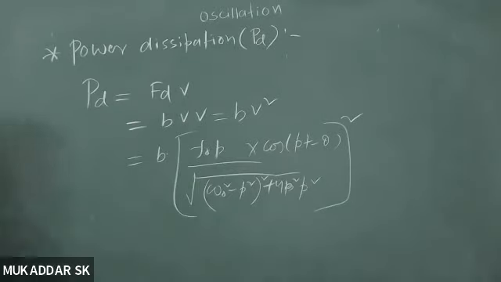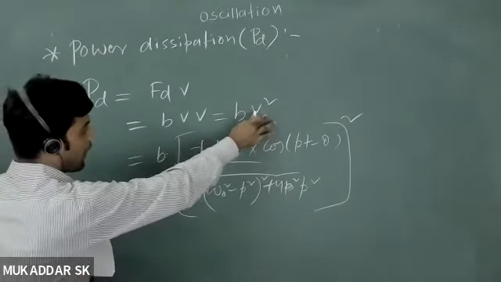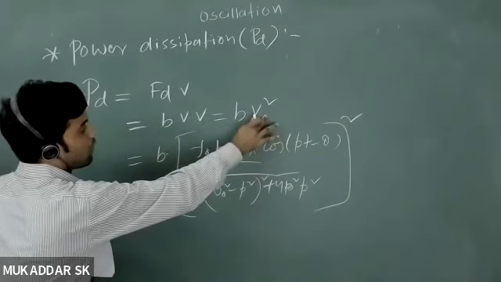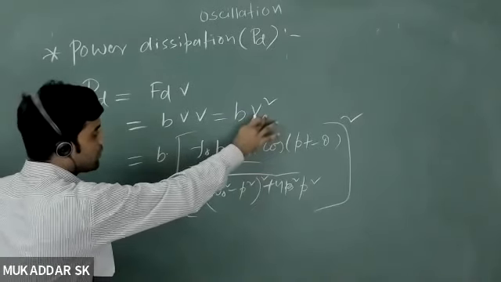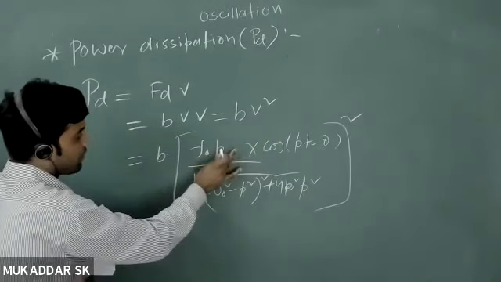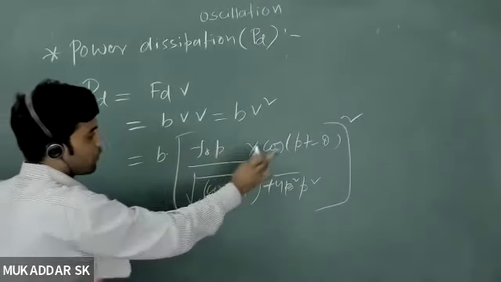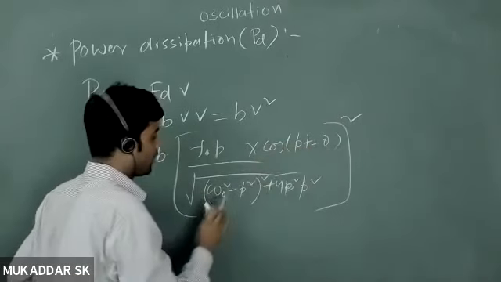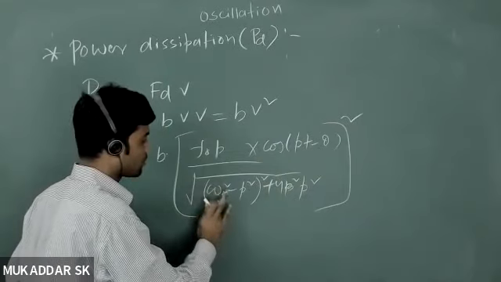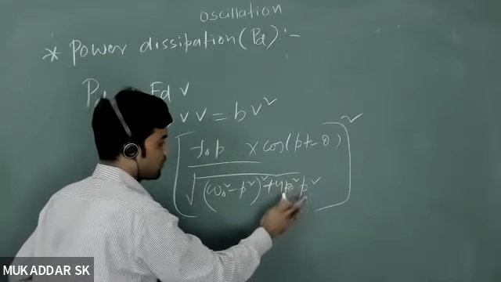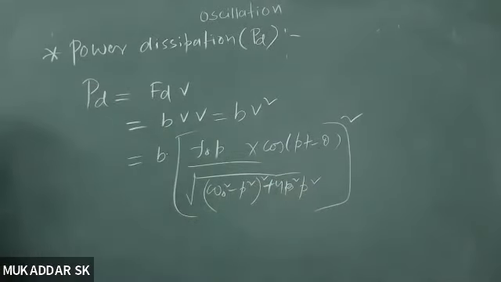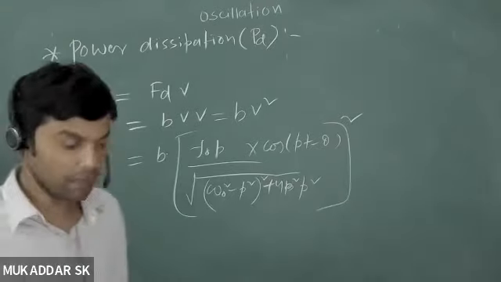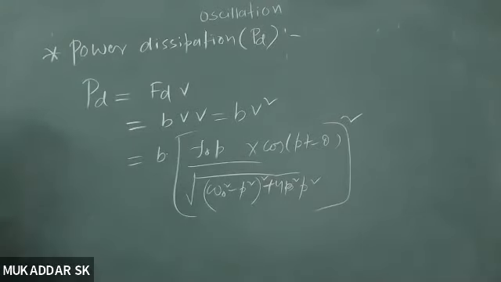So power dissipation is B V square, and we already have calculated the expression of velocity. Just I have substituted that expression, that was F naught P cosine of Pt minus theta divided by square root of omega naught square minus P square whole square plus 4 beta square P square. Okay, is it clear? Yes, sir.